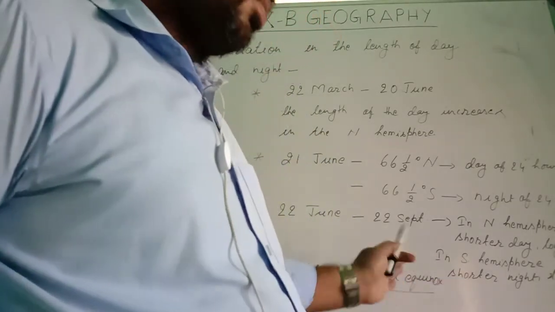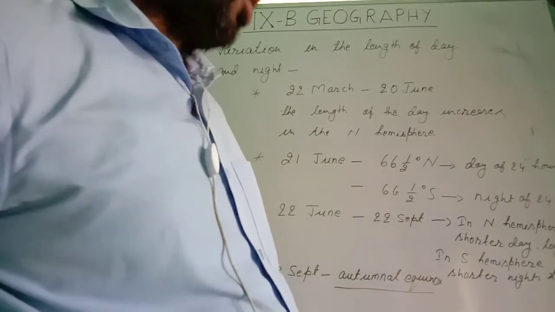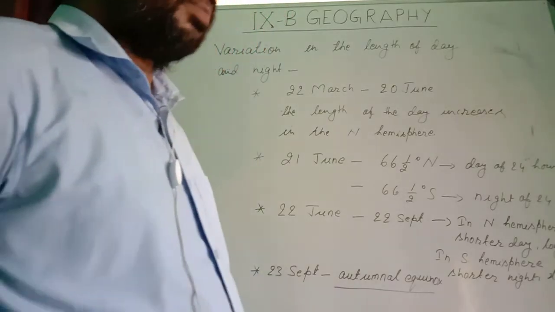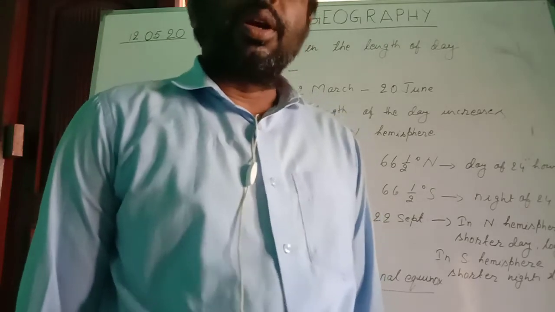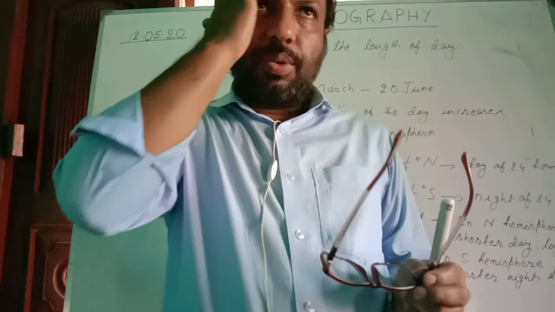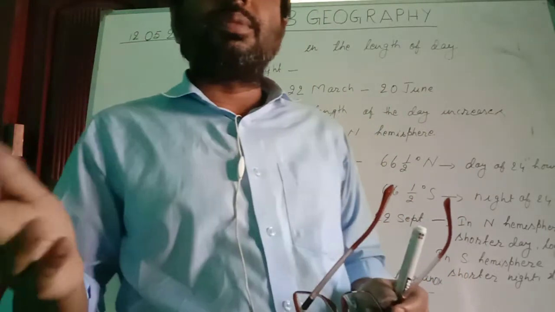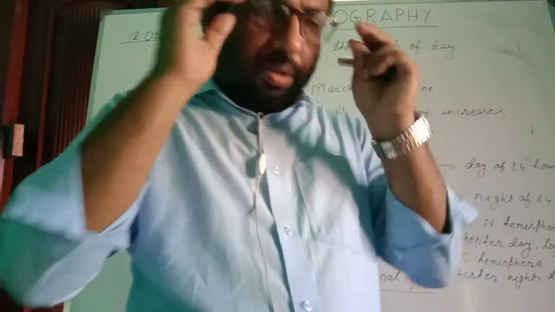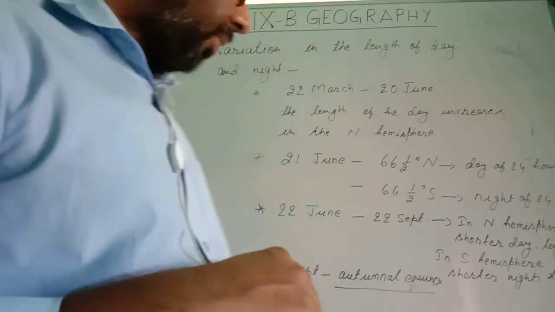So this is vice versa between the northern and southern hemispheres. And on 23rd September again there is the autumnal equinox, and at these two dates, 21st March and 23rd September, the sun shines above the equator, and the length of the day and the length of the night remain equal at 12 hours.